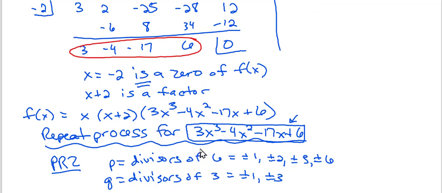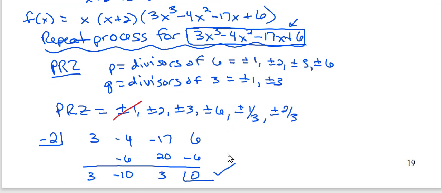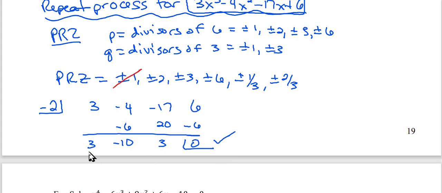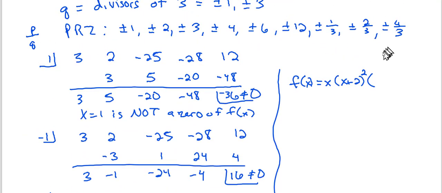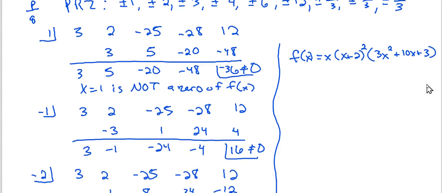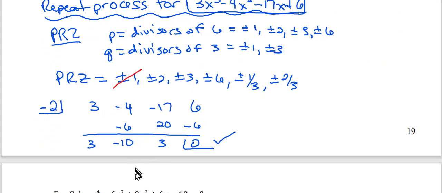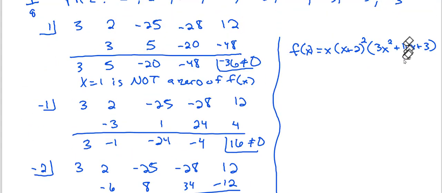This guy right here, this 3x cubed minus 4x squared minus 17x plus 6, breaks down into x plus 2 times 3x squared minus 10x plus 3, using the coefficients on the bottom of the synthetic division. Oops, that's a -10.